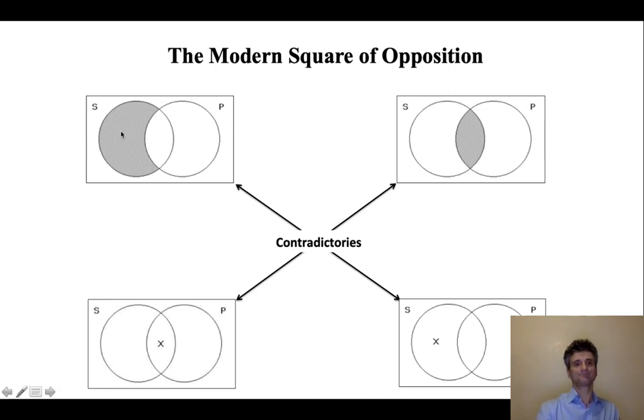It makes sense. If it's true that all Martians are blonde, then it is false that some Martians exist and some of them are not blonde. Why? Because, well, Martians don't exist. So the existence makes this statement false.